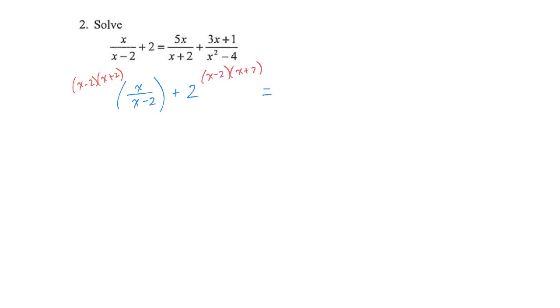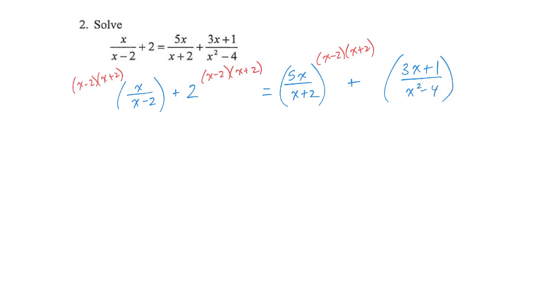Now I have my equals, and I have my old 5x over x plus 2, and I'm going to multiply that by x minus 2 times x plus 2, and I'm going to multiply my old 3x plus 1 over x squared minus 4 by my x minus 2 times x plus 2.